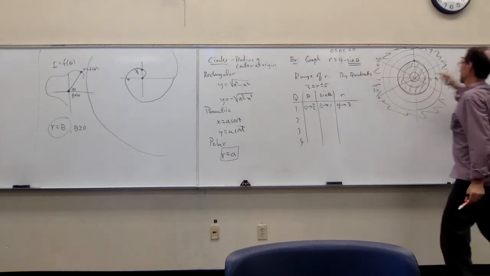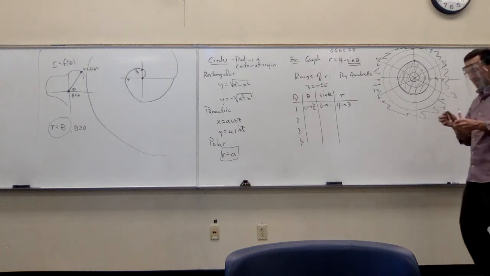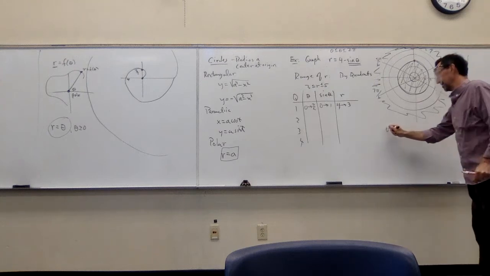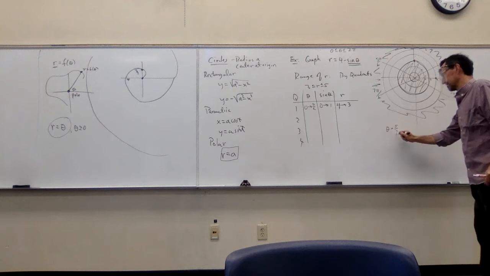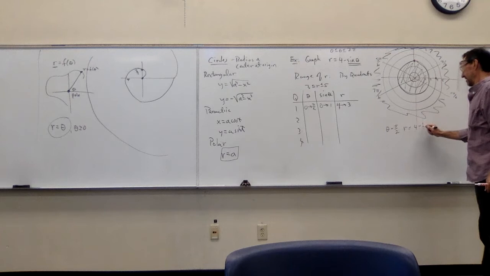Now, I like to do a quick calculation just to help me draw a more accurate graph. Notice I put pi over 6 on here because the sine of pi over 6 is easy to work with. What is it? Yeah, it's 1/2. So when theta equals pi over 6, r equals 4 minus 1/2, 3.5.